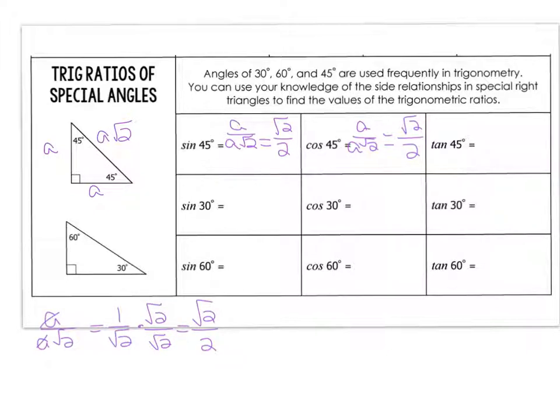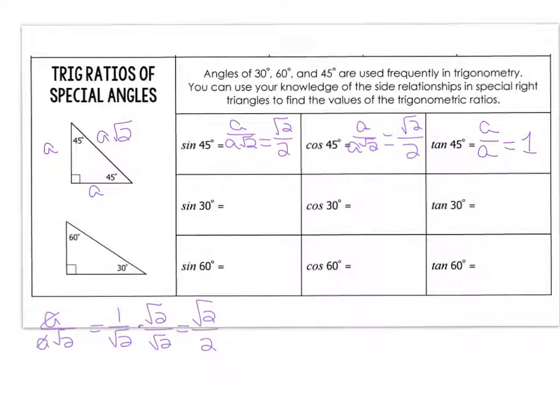Now, the tangent of 45 degrees. Tangent is opposite, that's A, over adjacent, that's also A. And what's anything over itself? 1. Okay, so there's the sine, the cosine, and the tangent of 45 degrees. We could also find the reciprocal functions. We would just have to flip those and simplify if we needed to. Okay?